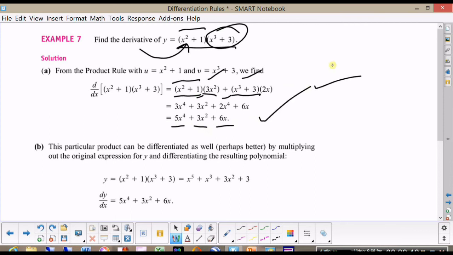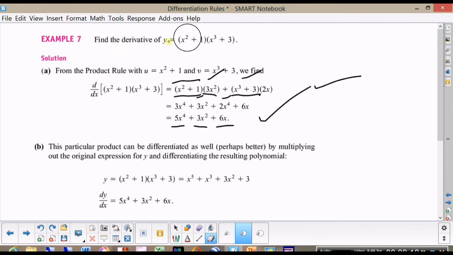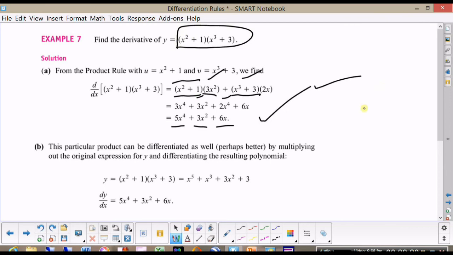Notice you could have chosen to multiply out before taking the derivative. Doing that, you get the first, which is x to the fifth, plus the inside, which is x cubed, the outside is 3x squared, and the last is 3.